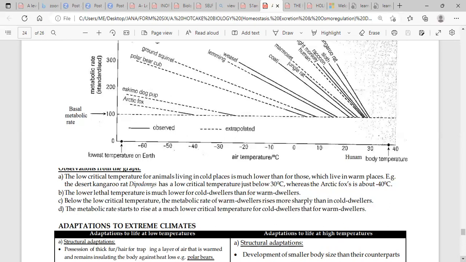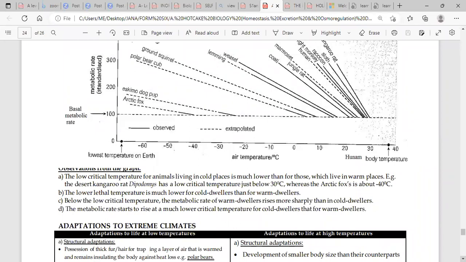Now, pick this kangaroo rat and bring it to cold environments where the temperatures are around 24. This guy will not be able to survive. So those are the lowest critical temperatures at which these organisms are able to survive and stay living.